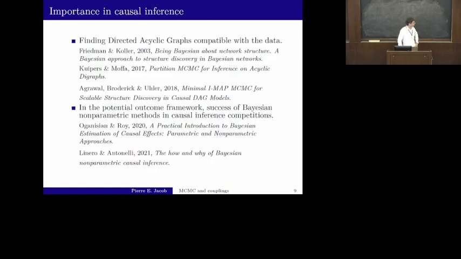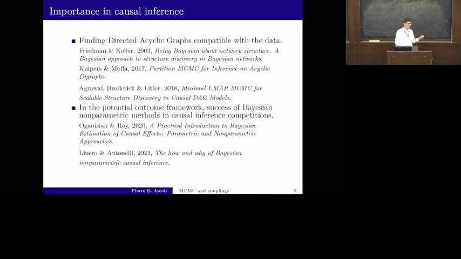Okay, so actually I was also trying to link with causal inference, in a desperate attempt to connect with the different parts of the title of the summer school. It turns out there's also active research in MCMC in causal inference, which has to do with trying to find directed acyclic graphs that may be compatible with the data, because typically there are many of them, not just one.